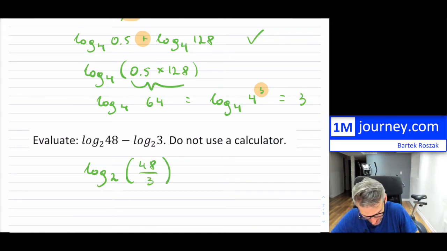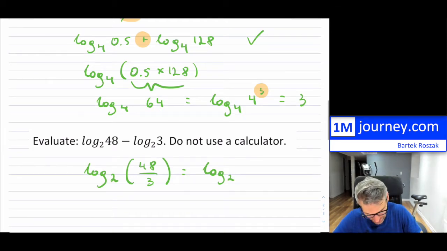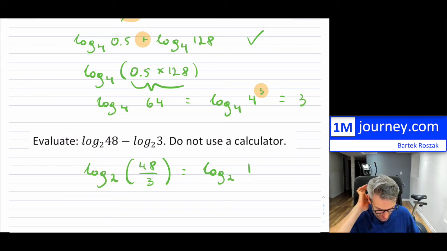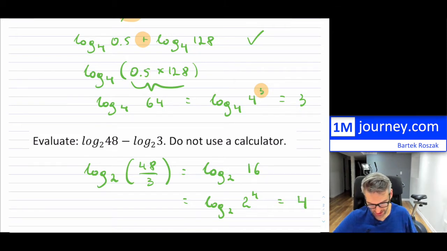I can bring that in, and that's going to be log base 2. Now 48 divided by 3, and that's 16. And now, so log base 2 of 16, this is 2 to the 4, which equals 4. Okay, so that's this example. There you have it, without a calculator and just using the property itself.